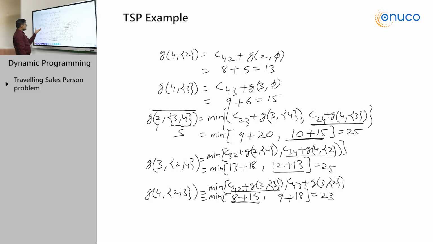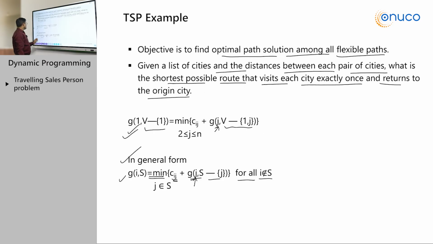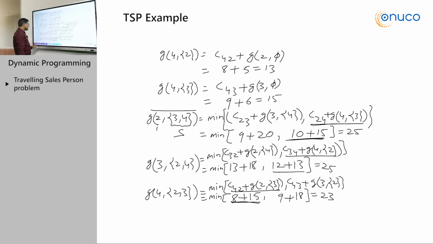Now, remember that the combination of 3 is done, and the element missing here is called 1. So, now we are going to use the first formula. You will remember that the first formula starts from 1, and V is the set of all vertices except 1. So, we are going to apply that and see what the final answer is.